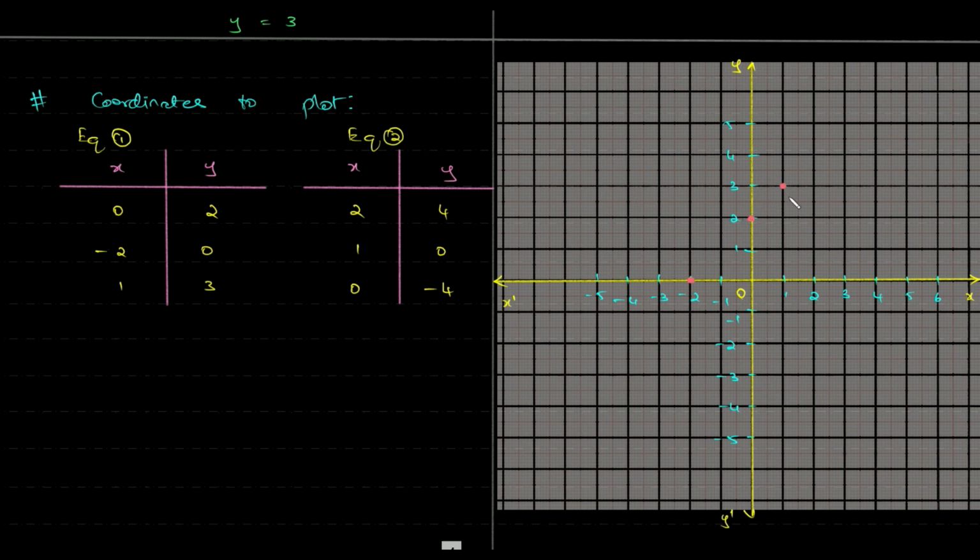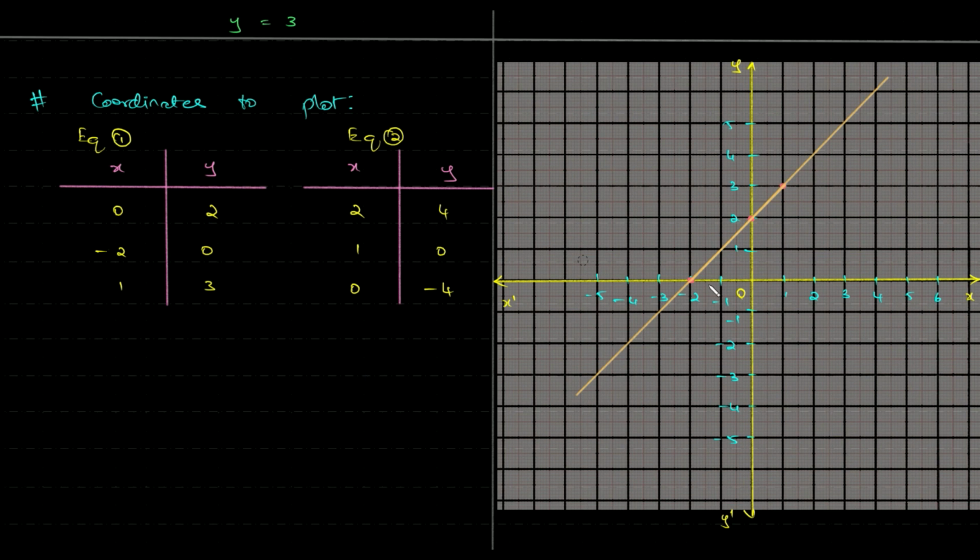Always see to it that as and when you get the points, you draw the line in one go. I can't do that here because I don't have a scale. When you keep a scale, draw it in one go. Don't stop like I did.